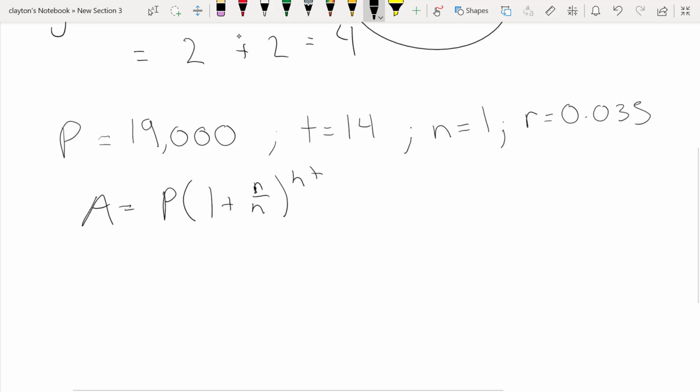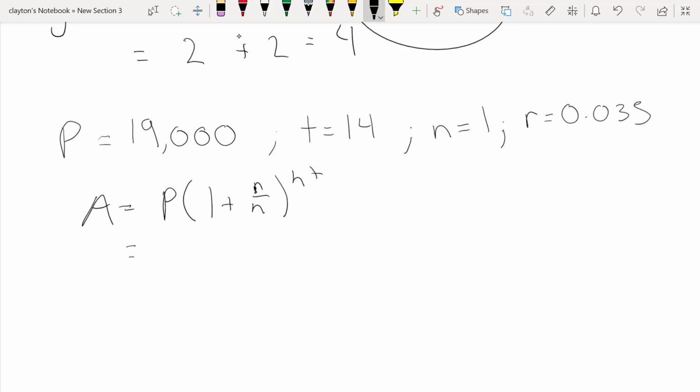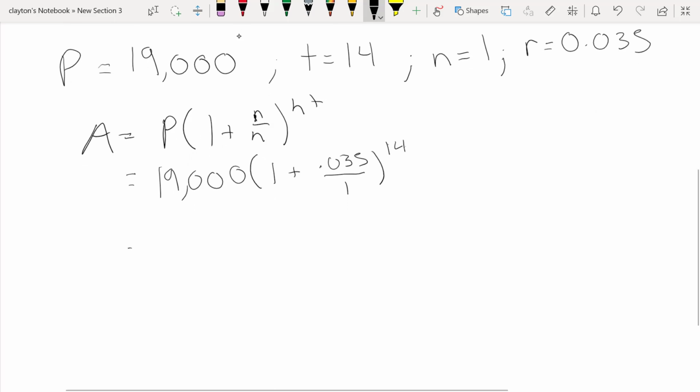So let's just plug in all of our information here. 19,000 times 1 plus R, which is 0.035, all over 1. You don't need to write the 1 if you already can simplify it. I'm just showing the information because this equation will be used in the next problem. And then N times T is going to be just 14 times 1.